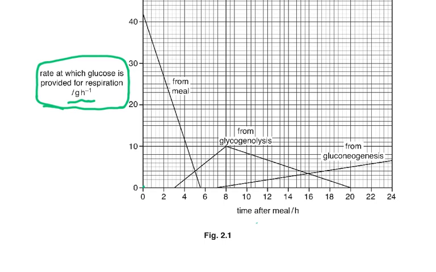You see this graph, and it is at this point, which is 20 hours, when the meal story is over and the glycogenolysis story is over, and now only this is continuing. So at this point you had to give me this point, and this is why it is 20 hours: all the glucose for respiration was provided by gluconeogenesis.